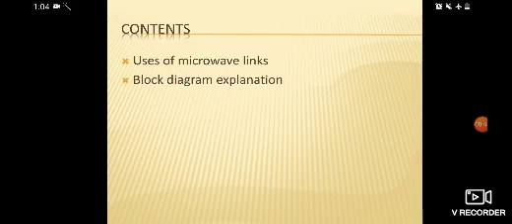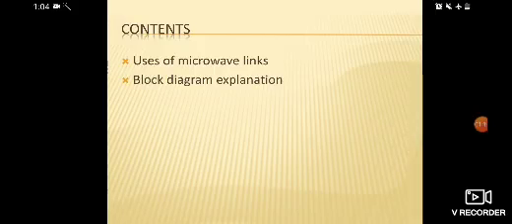Because it is used for point to point microwave transmission between two repeaters.